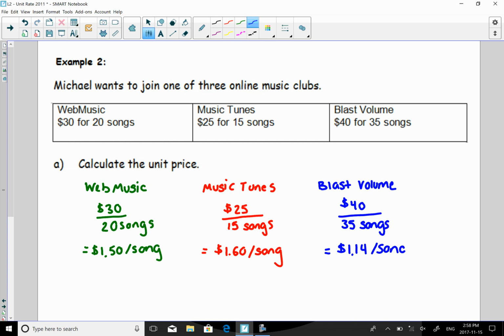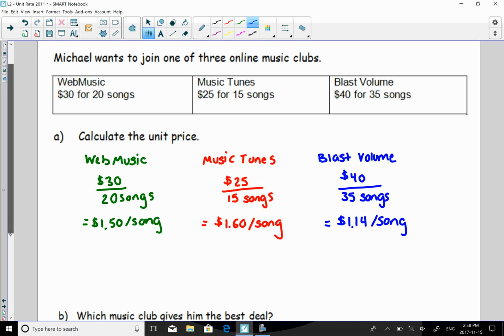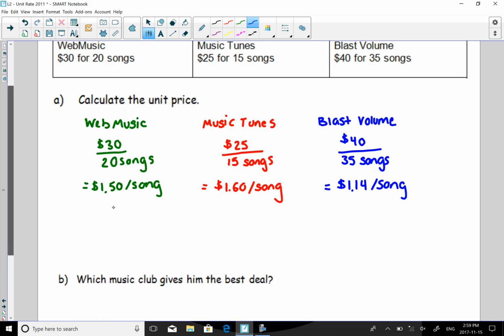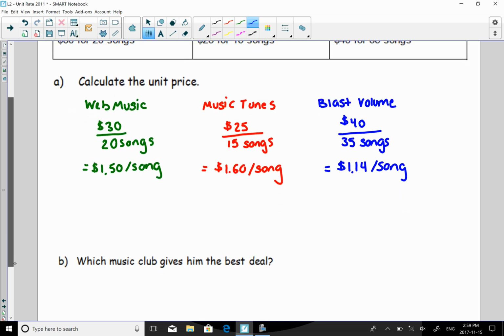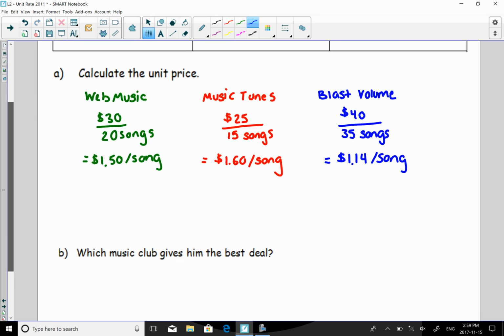So looking at these and comparing them, Web Music charges $1.50 per song, Music Tunes charges $1.60 per song, and Blast Music charges $1.14 per song.